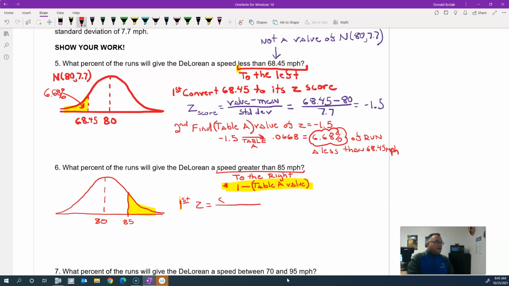Okay, so we take our value, 85, we subtract the mean, and we divide by the standard deviation. Okay, we get 0.6493.